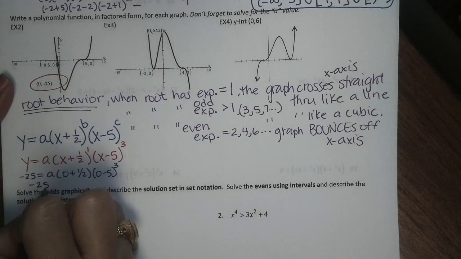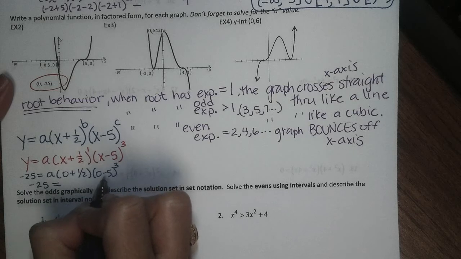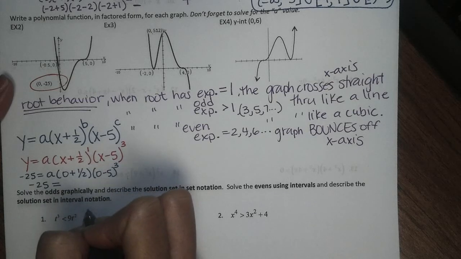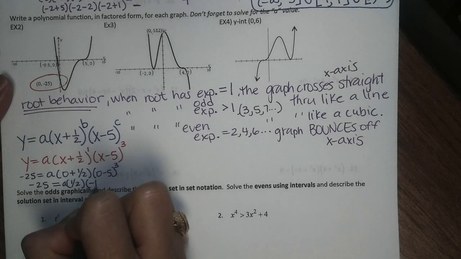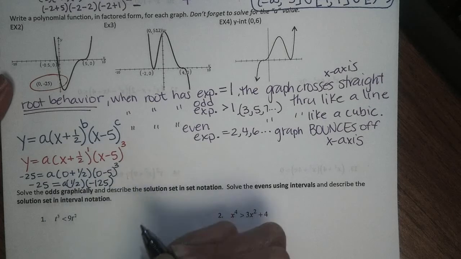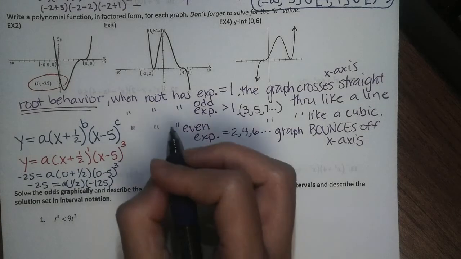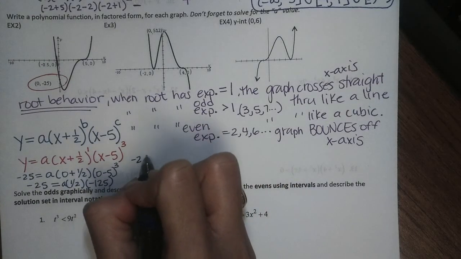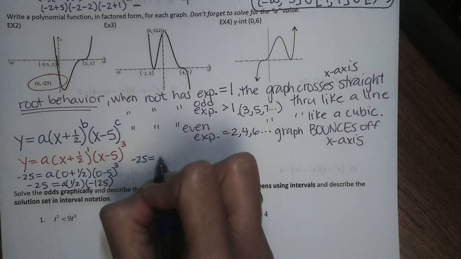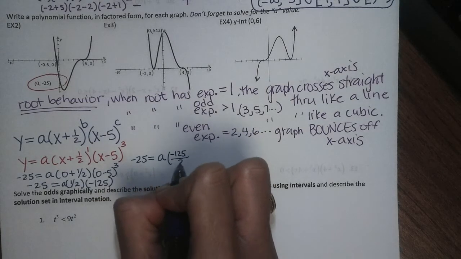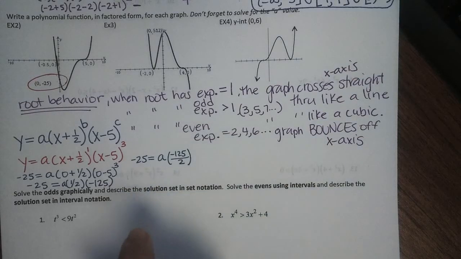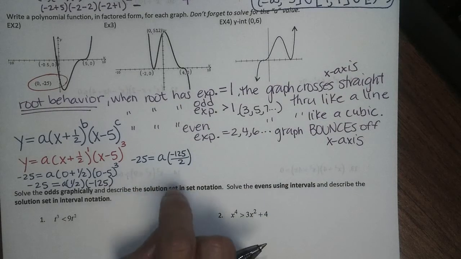Negative 25 equals 1/2 a times negative 125. I'm just doing some algebra. So if I want to solve for a, just the reciprocal.